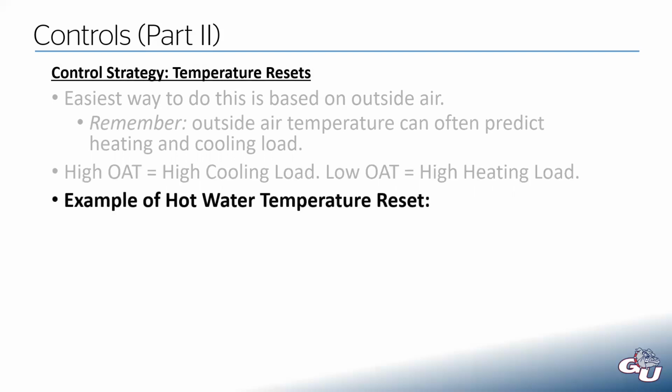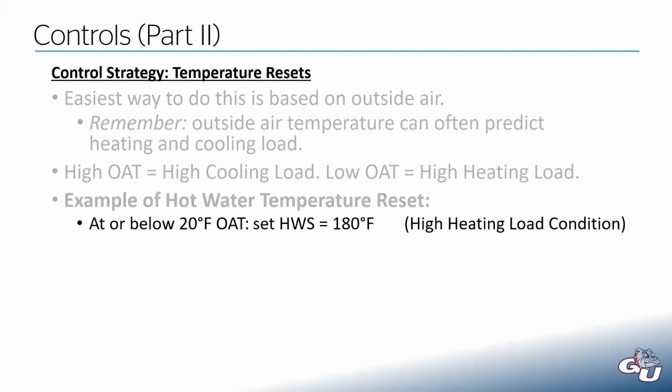If we have a hot water system, let's say if we are at or below 20 degrees Fahrenheit outside air temperature, I'm going to set my hot water supply to 180 degrees, which would be my design temperature, worst case condition. So if I'm really cold outside, I need hot water.